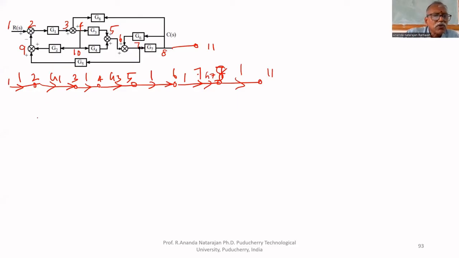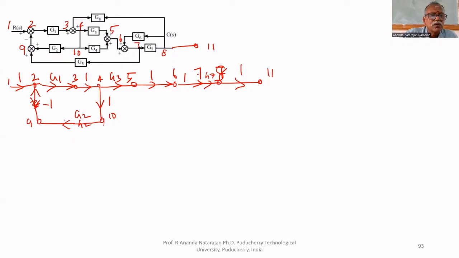Then 9 is below 2. This is, sorry, this direction, minus 1. Here below 4, 10. 10 unity, G2.